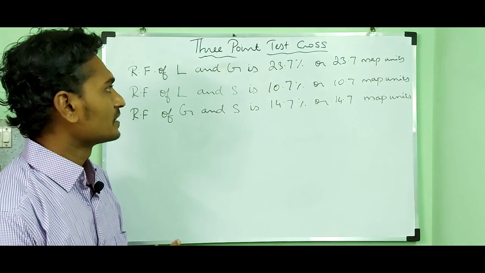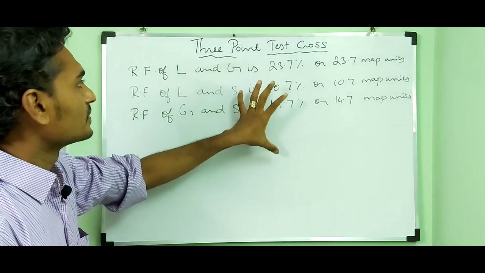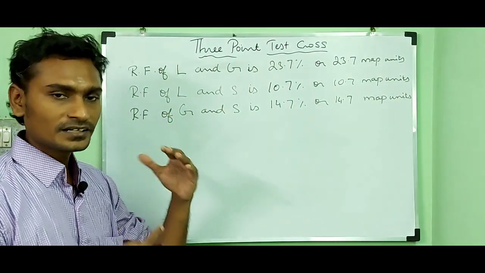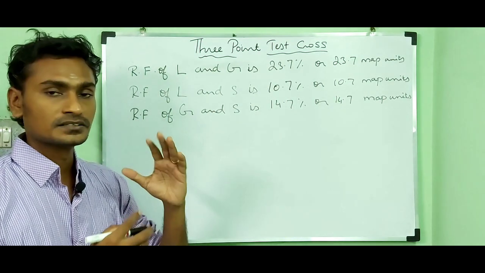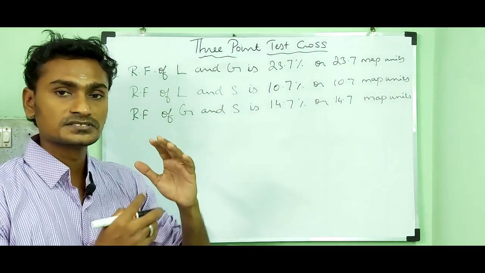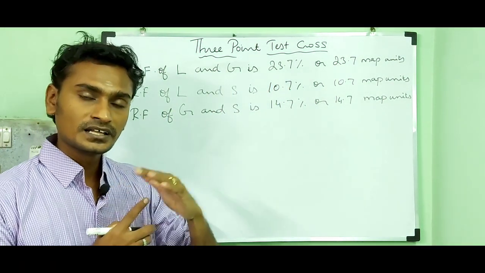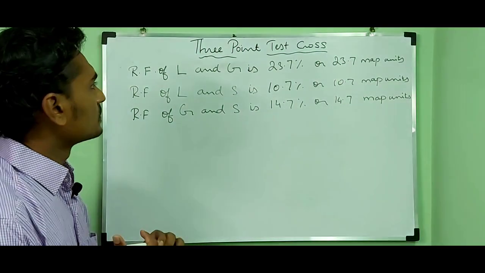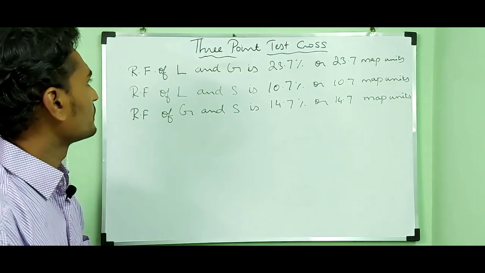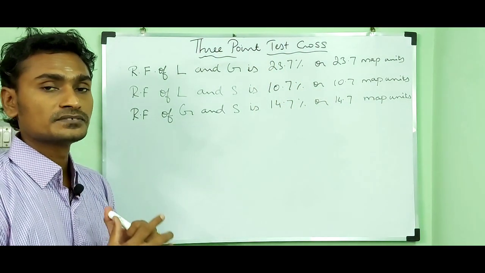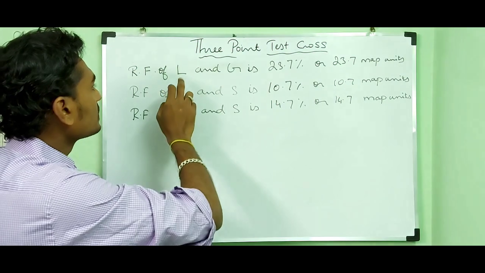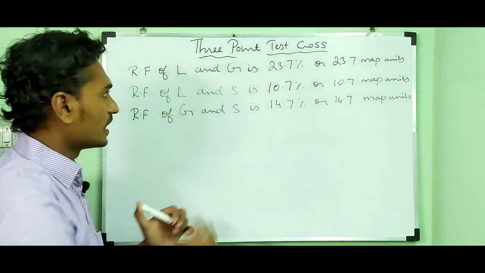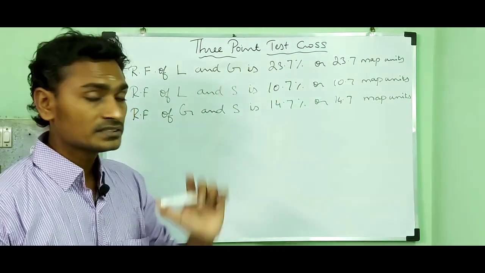Here the recombination frequency shows all the alleles are linked together, and the largest value obtained is between capital L and capital G, and that value is about 23.7%.